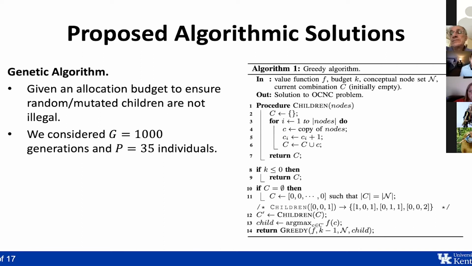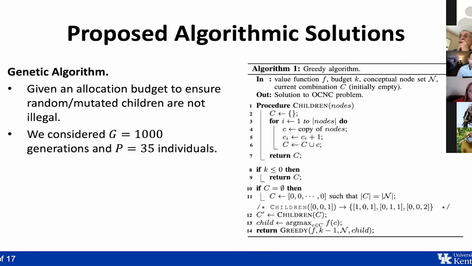Then it runs the value function on each of the children conceptual node combinations and chooses the best one. It then repeats that process, iterating over each of those conceptual node combinations and selecting the max over and over again.